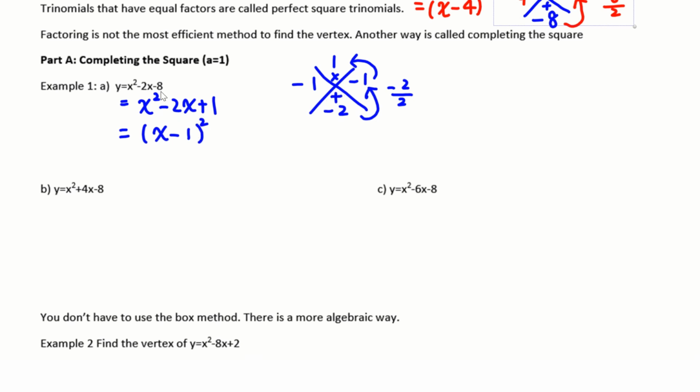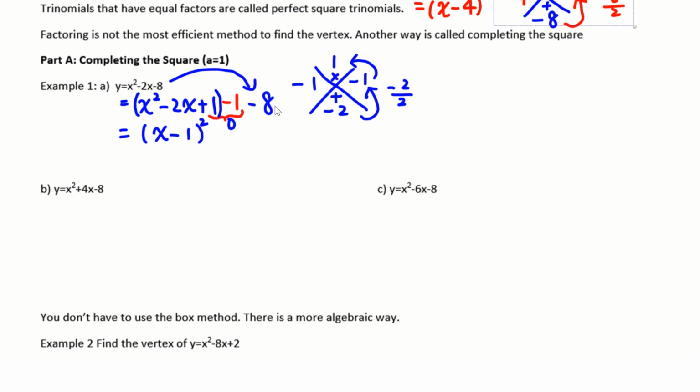But we don't have plus 1 from the original expression, so we are going to plus 1 minus 1. Then we have 0 here. We copy the negative 8. So this whole expression is equivalent. Plus 1 minus 1 give you 0, then minus 8 is your constant. But after we add 1 minus 1, we group the first 3 terms, and it gives you x minus 1 squared.